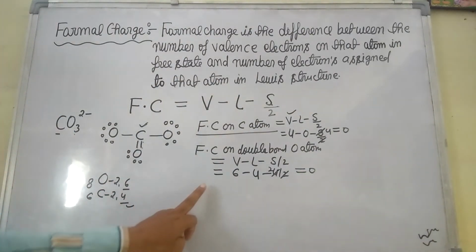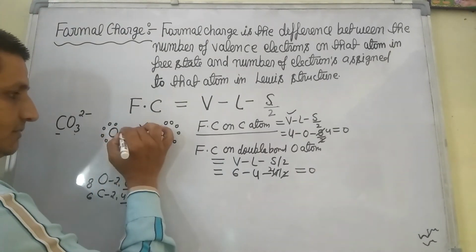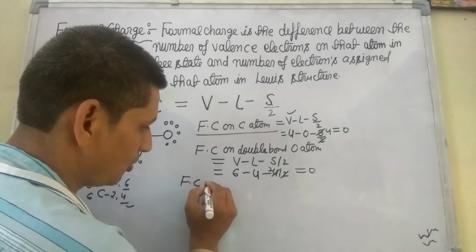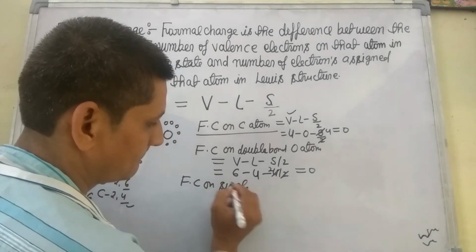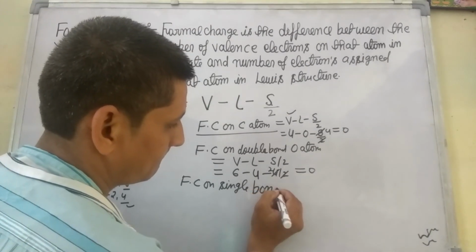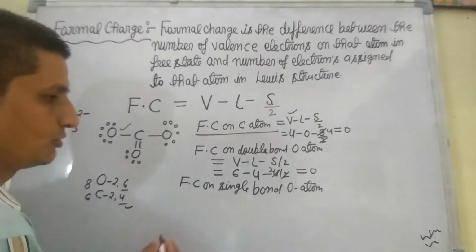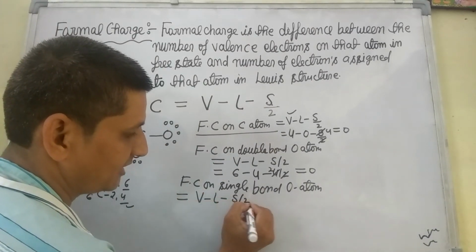After this student, I am telling you the formal charge on single bond oxygen atom, this oxygen atom. Formal charge on single bond oxygen atom is equal to V minus L minus S by 2.